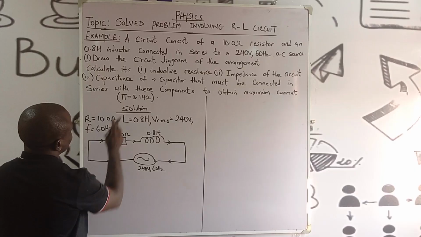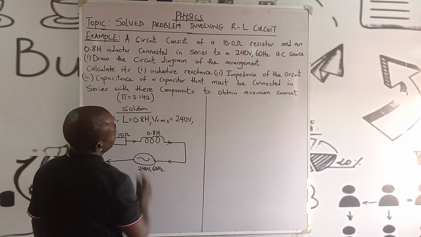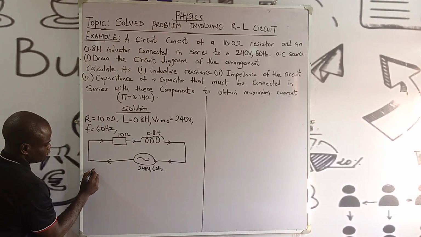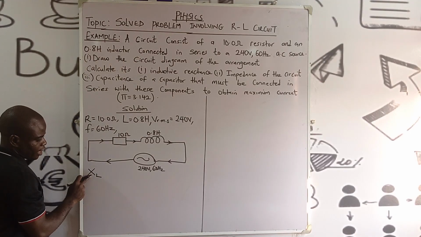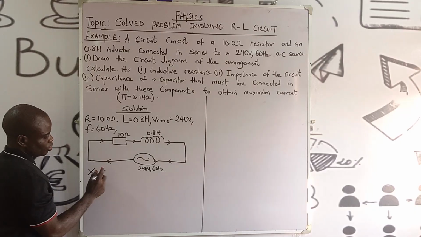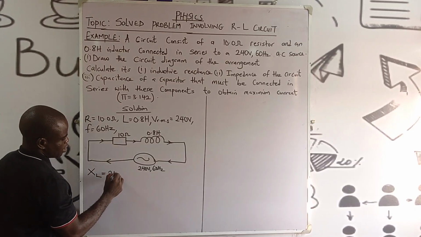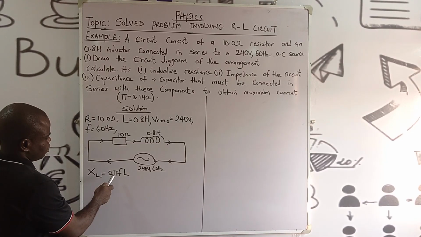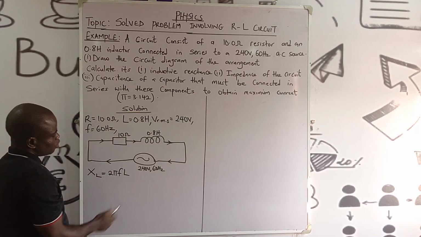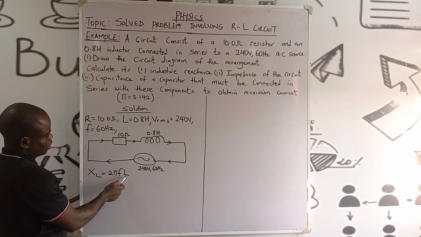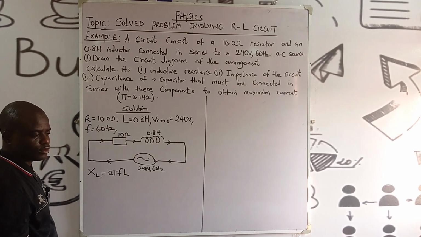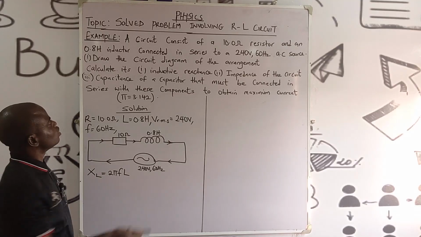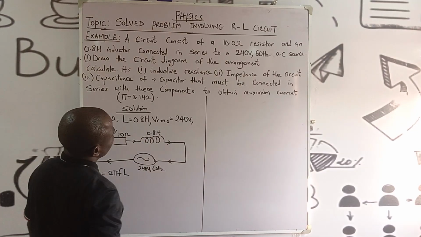This is the diagram. The first question is the inductive reactance. This is the symbol of inductive reactance, XL. The X stands for reactance, L is the inductor, and the formula is 2 pi FL. Pi is given to us as 3.142, F is the frequency, L is the inductance. And the unit of inductive reactance is ohms, like resistors. Okay, calculate the inductive reactance.